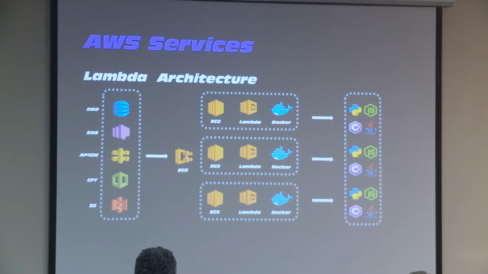So this is my attempt at drawing up a kind of Lambda architecture. We've got the events on the left side here that could be DynamoDB, Simple Notification Service, API Gateway, a CloudFormation template, S3. There's a number of things that Lambda supports as a trigger.